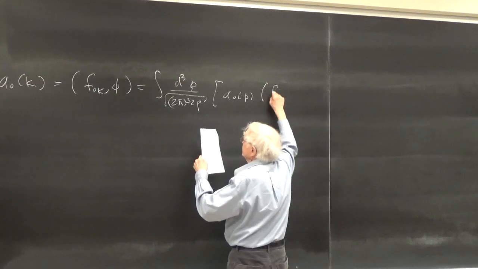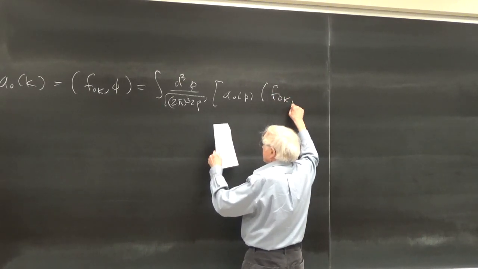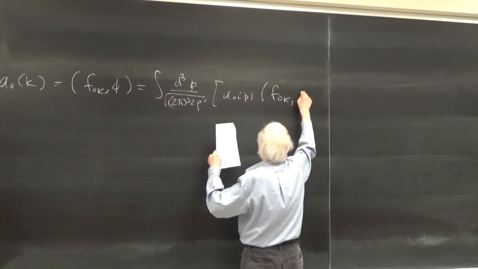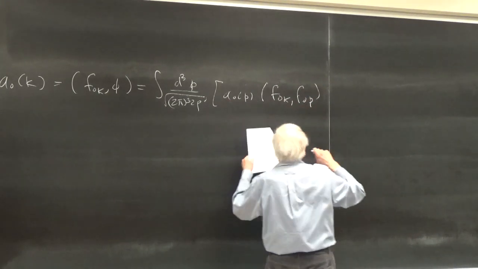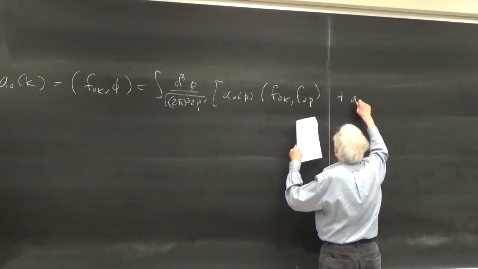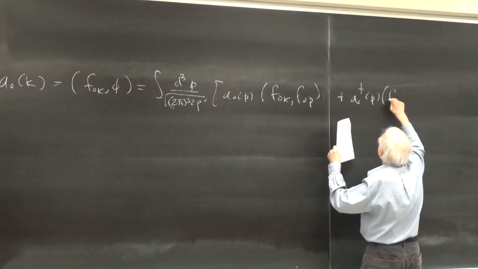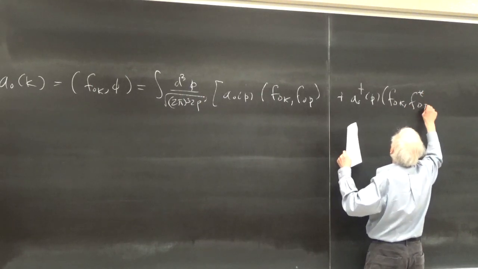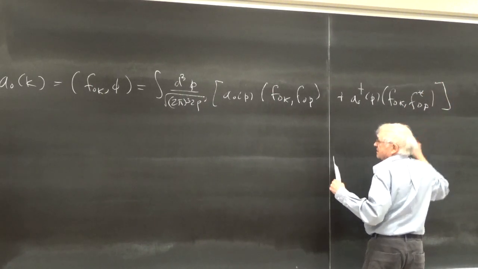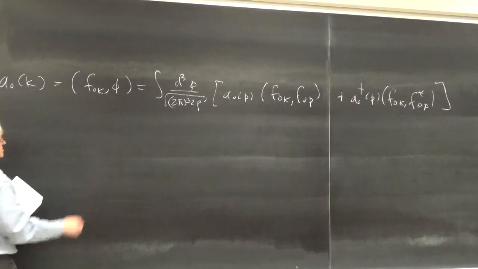And now we're taking this inner product, F0k with F0p, F0p being the thing that multiplies this, and then we have A0 dagger of p, the inner product of F0k with F star 0p. So that's the inner product of the flat space mode function with the field.